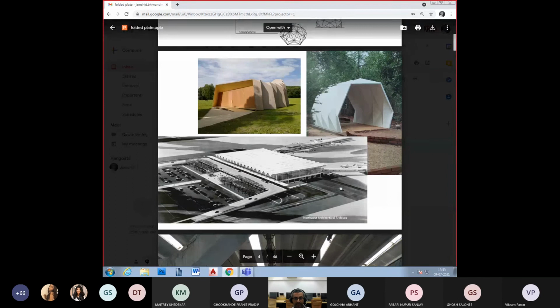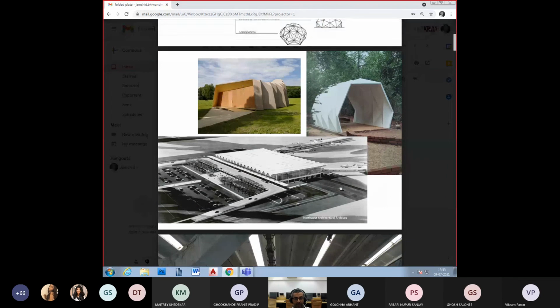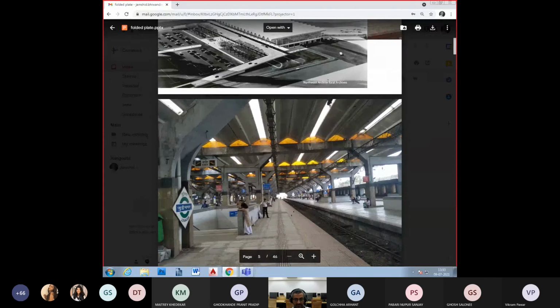So that's what we're saying, the principles of folded plate being used from surface as compared to frame in itself.